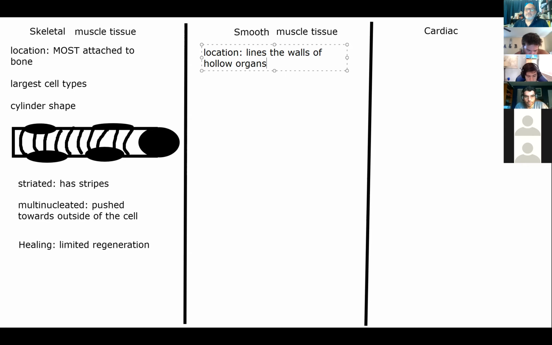The inside of our mouths. True, that is definitely one of the places that you would find it, absolutely. But you could argue your mouth is a hollow organ, so that doesn't meet our characteristics. What was the first organ system we learned about in this class? Skin. Where did we have smooth muscle in the skin?